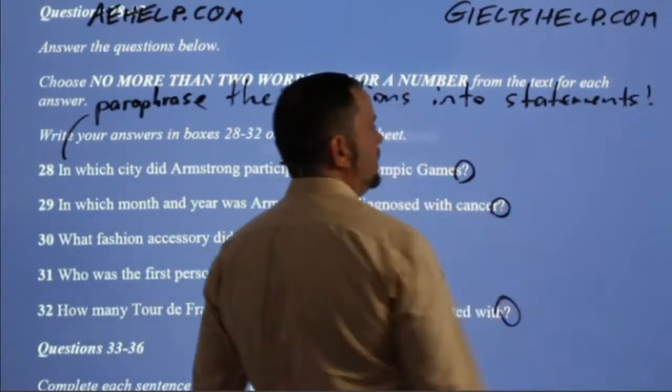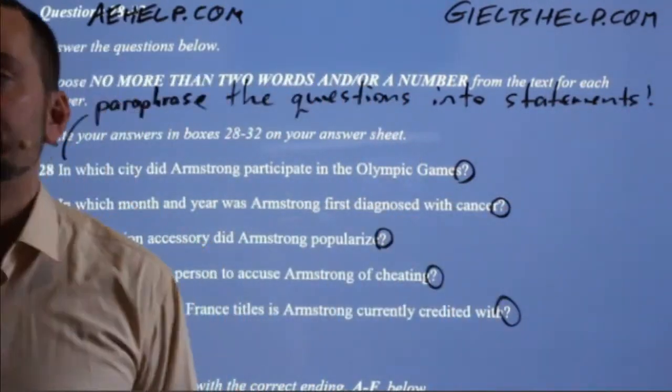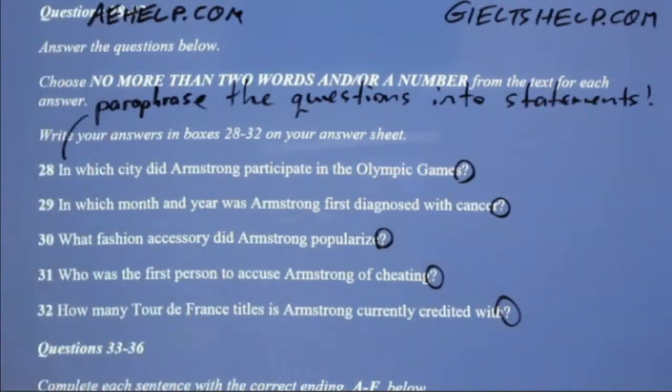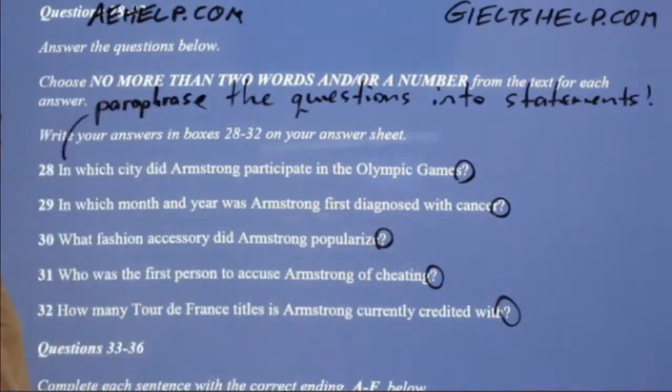Yeah, absolutely. Okay, so can you do that for me? Can you paraphrase it into a statement? I'll do it for the next one. In which month and year was Armstrong first diagnosed with cancer?